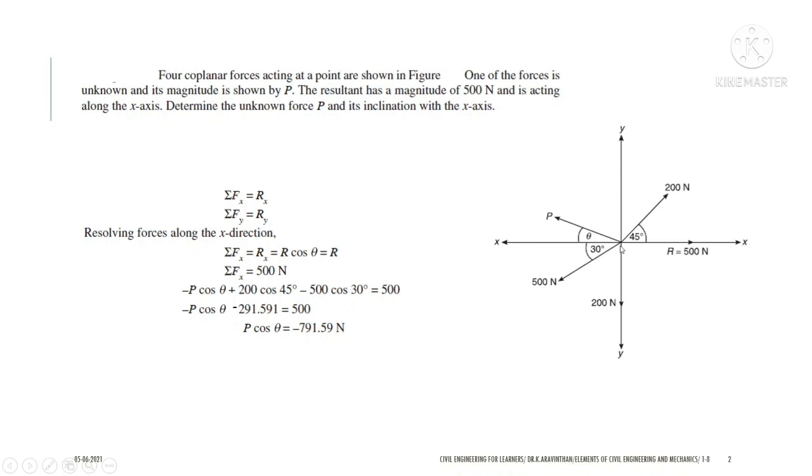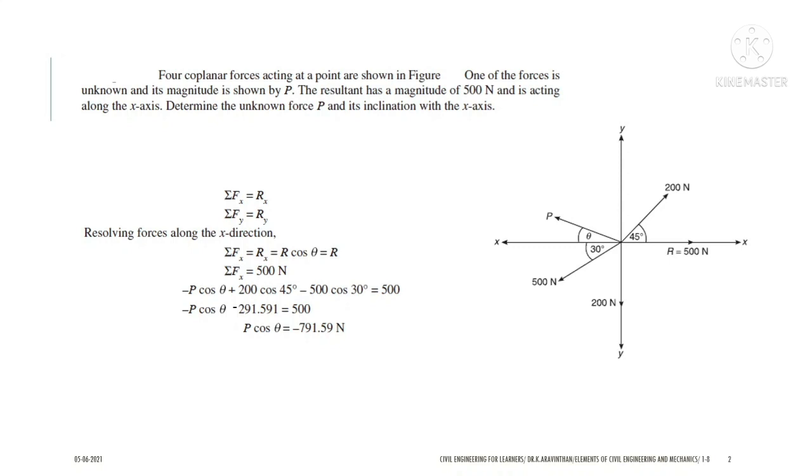And you have a purely vertical force here, which is 200, acting vertically. So we cannot resolve this. If forces are acting purely horizontal or purely vertical, you consider them only in the corresponding direction. If you try to resolve 200 Newton, 200 cos 90 is 0.